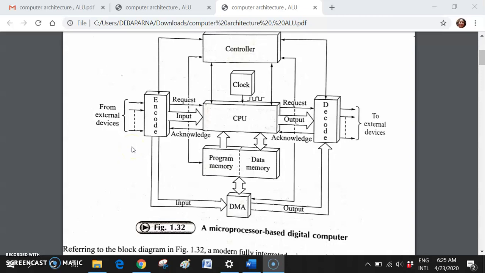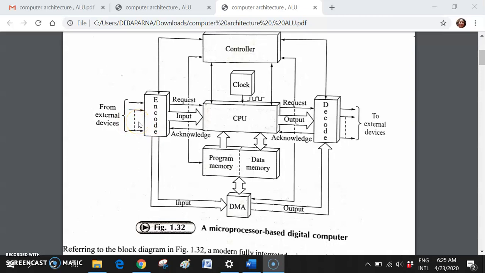Suppose in a computer, what are the common input devices? These are the keyboard, or the mouse, or so many other types of input devices, like a joystick, or maybe a microphone.